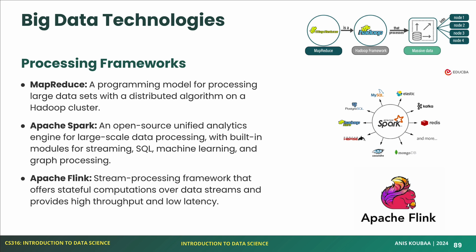When you have a large amount of data, you cannot process them on a single computer. So what you will do, you're going to distribute the processing on different clusters. Okay, this is what we call map. And reduce, we're going to aggregate the solutions that will come from different clusters. Okay, so this is MapReduce.